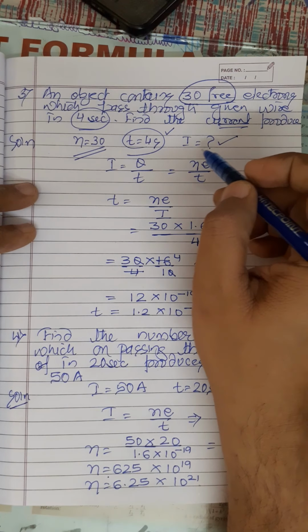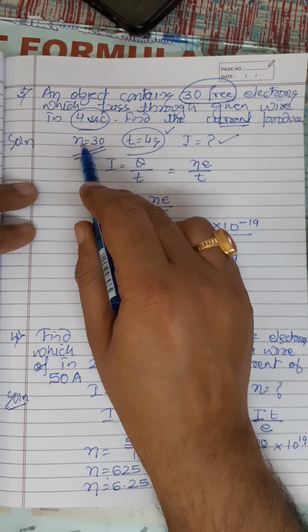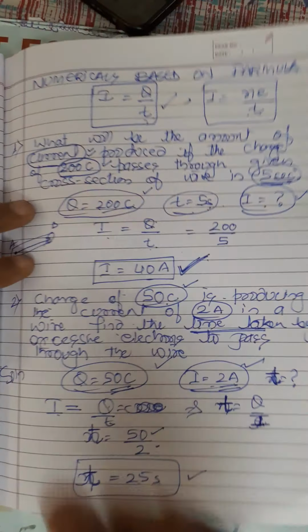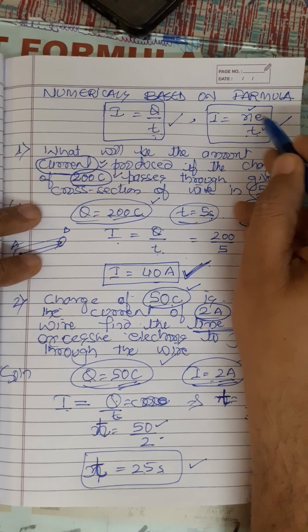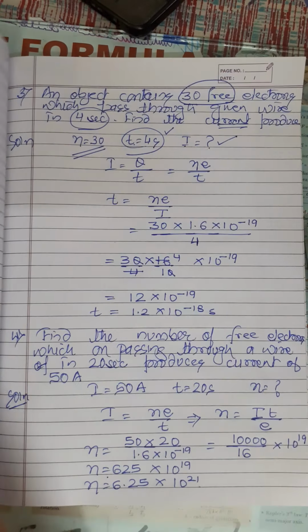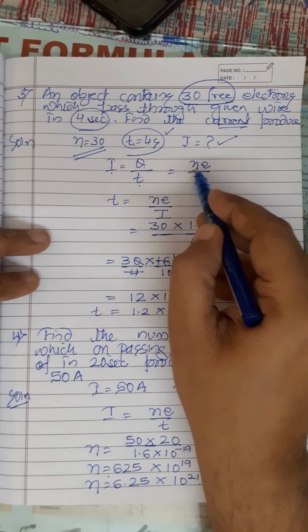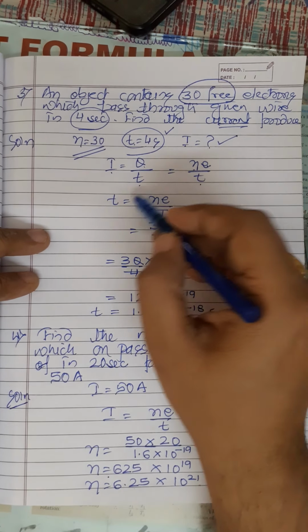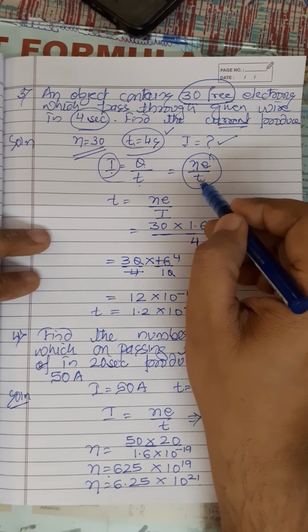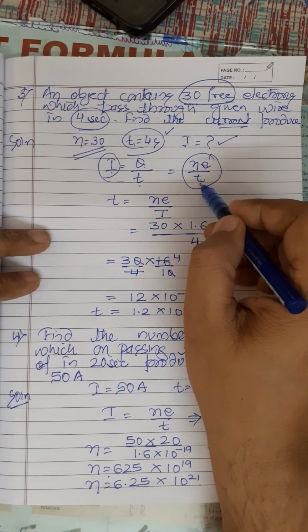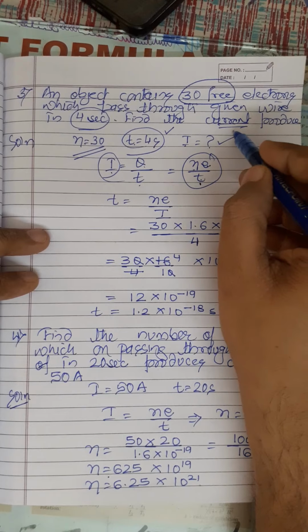So first we have to look up the formula which relates current with the time and number of free electrons. Now I'm moving on to the second formula, this one: number of free electrons, time and current. So we will have I is Q by T, Q is N into E by T. Find the current produced.